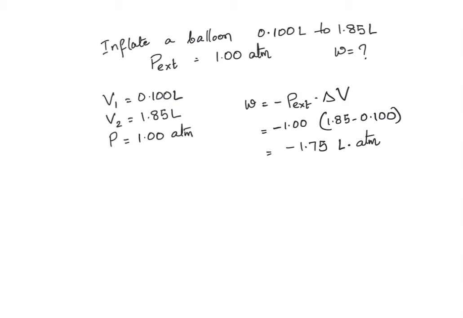That's the unit of work here, liters atmospheres. But usually work has the unit of joules. So if you were to give the answer in joules, you could use this conversion factor, negative 1.75 liters atmospheres multiplied by 1 liter atmosphere is equal to 101.3 joules.